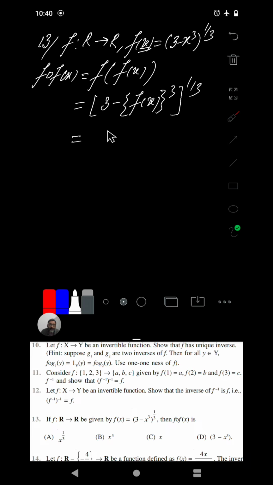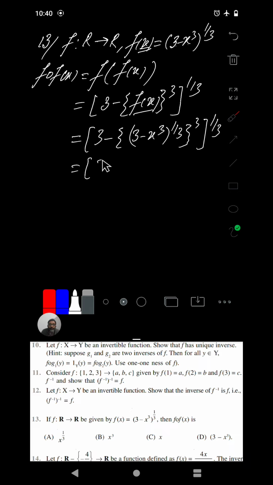Now in the next step, we have to substitute the value of f of x, which is given as 3 minus x cube whole raised to the power 1 upon 3 over here. We have a square bracket 3 minus curly bracket 3 minus x cube whole raised to the power 1 upon 3 curly bracket close, cube whole raised to the power 1 upon 3.